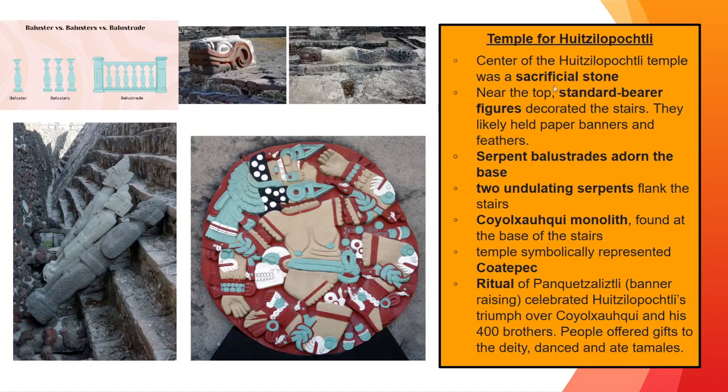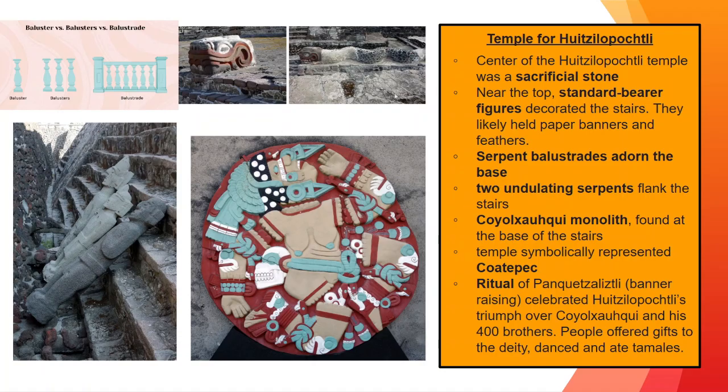At Huitzilopochtli's, we have the standard bearer figures, these guys here, that are going up and decorating the stairs. They probably held some sort of paper banners, feathers, things that are decorative and showing that awe and inspiration towards Huitzilopochtli. Think of it like the mortuary temple of Hatshepsut, where as you progressed up the stairs, there'd be statues along the way. So that's what the standard bearers are. They're holding standards, remember standard of war, flags, etc.